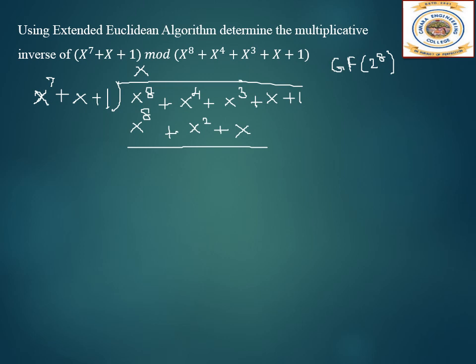So what is the remainder we get over here? x to the power 4 plus x cube plus x square. x plus x is 2x, and 2 mod 2 is 0, plus 1.